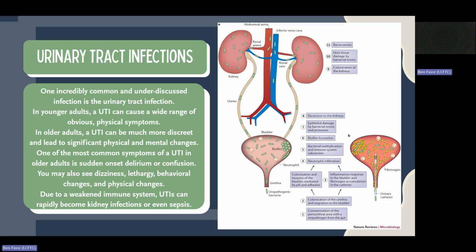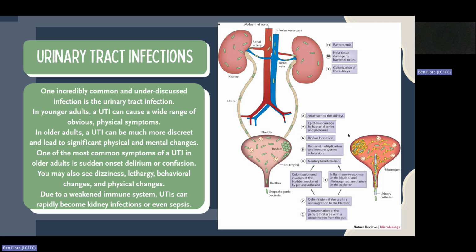And you say, how is that possible that someone goes from a good baseline of cognitive function and all of a sudden within days has extreme levels of delirium or confusion? And that's where that UTI can come in. It's very common that we say, okay, this person has had a significant change in their baseline. Let's get them a test for a UTI. And more often than not, that's typically the case.